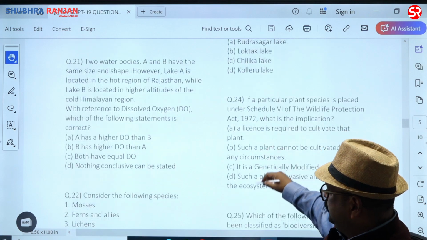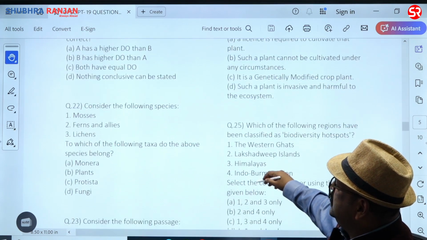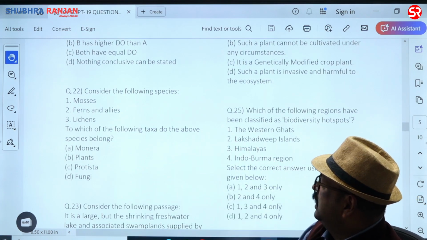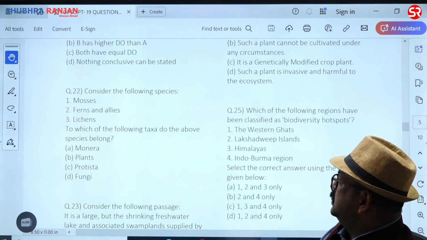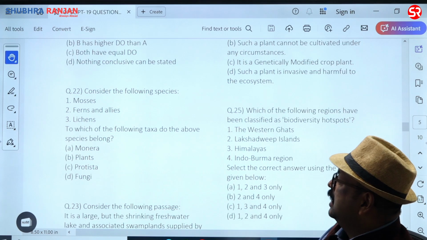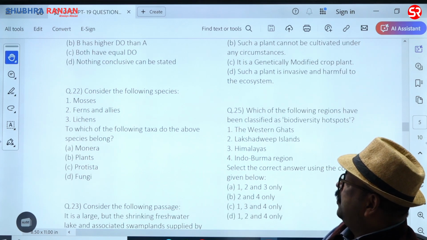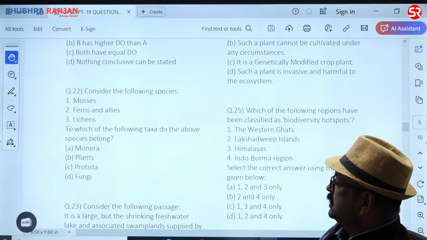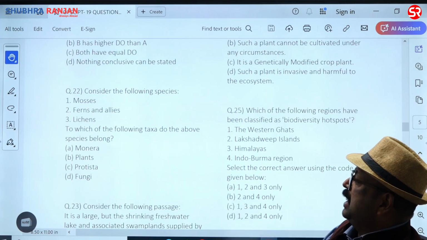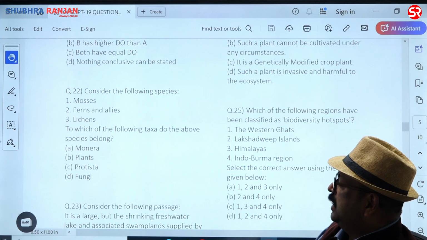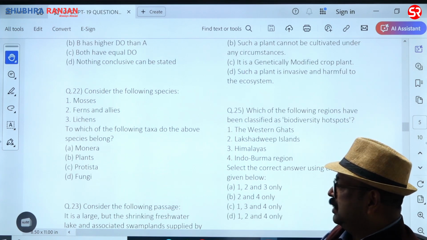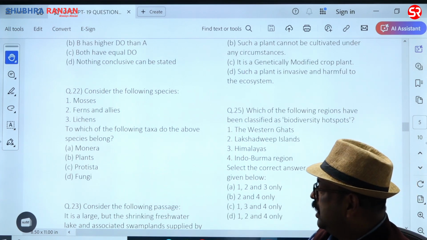Question number 22. Consider the following species: mosses, they are bryophytes; ferns and allies, they are pteridophytes; lichens. To which of the following taxa do the above species belong? It is plants. Monerans are the prokaryotes. Protista are the unicellular eukaryotes.